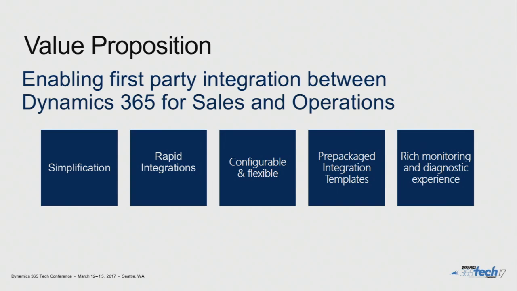We wanted a rapid integration, meaning it should be obviously fast, but also fast to deploy. We wanted it to be configurable and flexible, meaning that you can configure it if you don't like the mappings we have out of the box. You can modify it. You can point to other fields, other values, or you could point to your own fields that you have added yourself or your own entities as well.